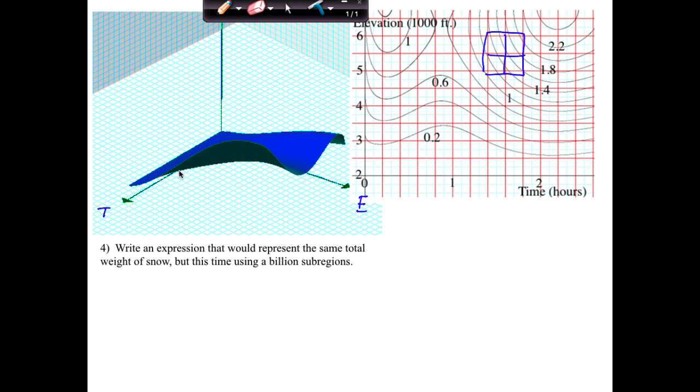So what was I saying? T was going from what to what? 1.4 to 1.8. And elevation going from 5 to 6.